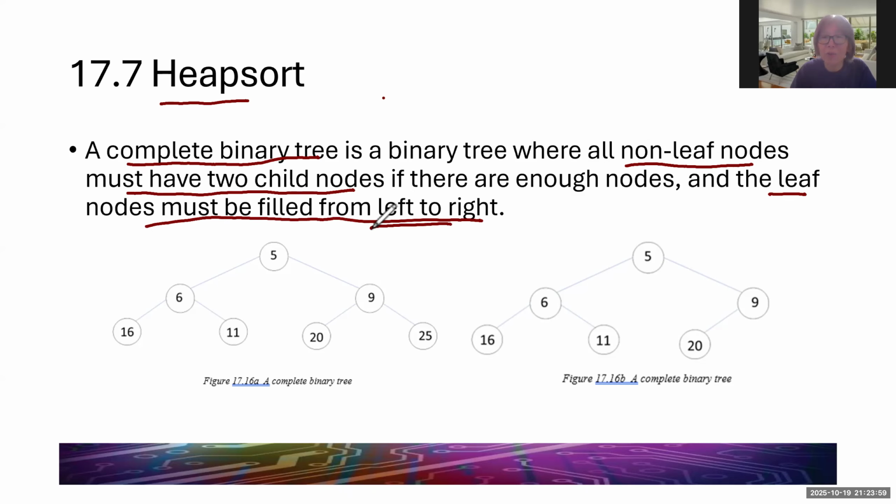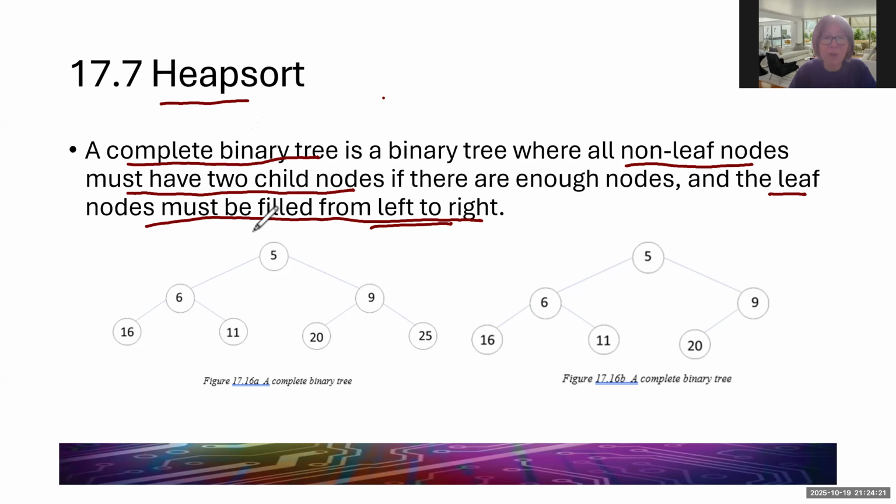You must fill like this. So it's a binary tree, not a binary search tree. The non-leaf node must have two child nodes when we have enough nodes, and the leaf nodes must be filled from left to right.